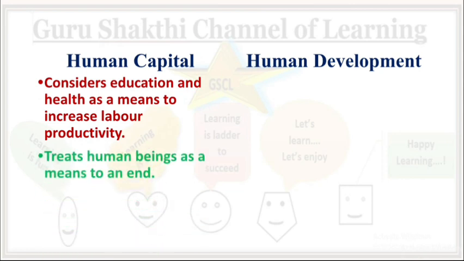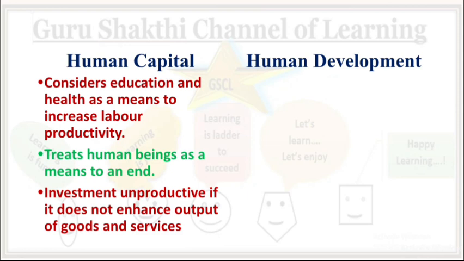Human beings here are a way to reach the goal of creating capable, productive individuals. If this doesn't happen, then the investment in health and education is considered unproductive or useless.